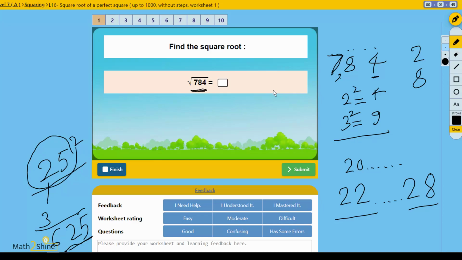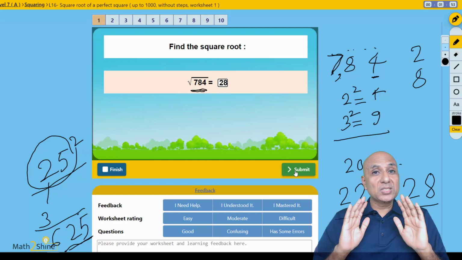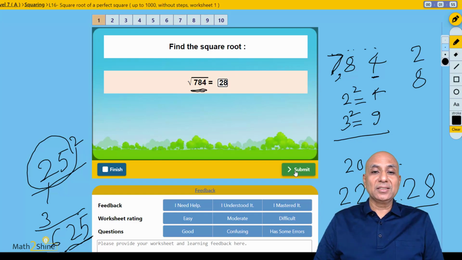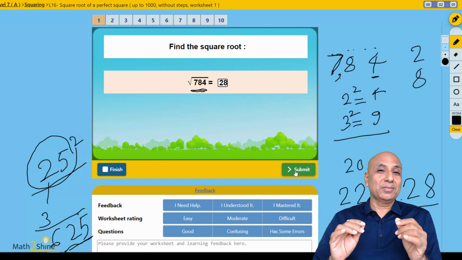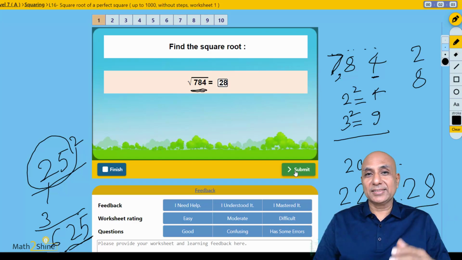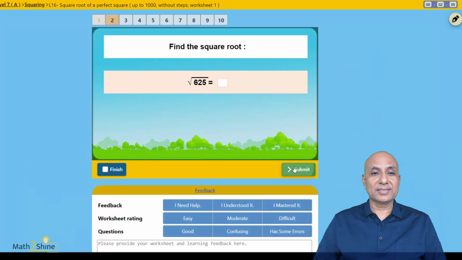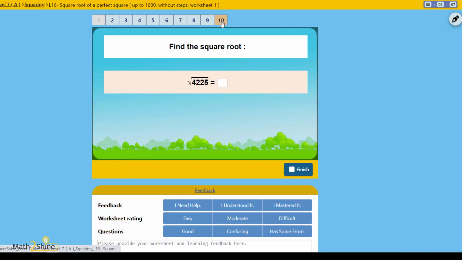So the square root of this number will be 28. It is a logical way. I am explaining it, but once you master this worksheet, you will be able to answer it instantly in less than 30 seconds or 20 seconds. It is very, very fast.